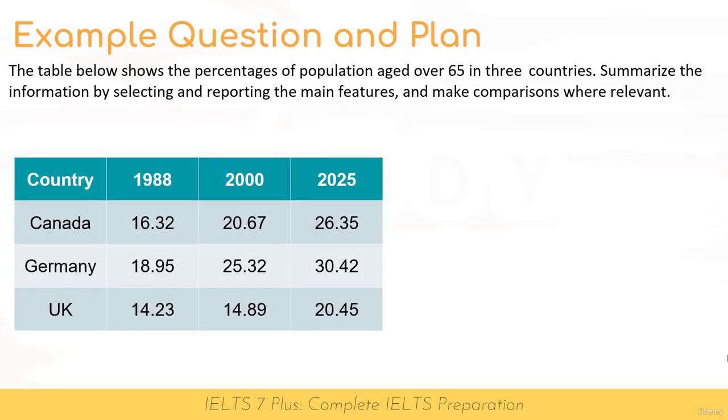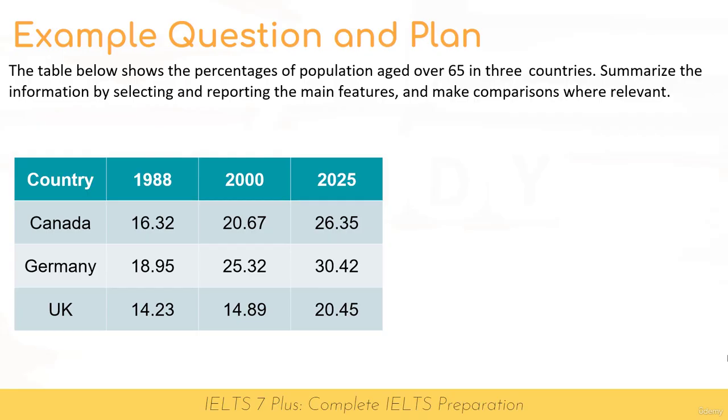Okay, so we have 3 countries, Canada, Germany and the UK. And the 3 years are 1988, 2000 and 2025. So that is a predicted amount. The percentages are below, shown for 3 years for each country.